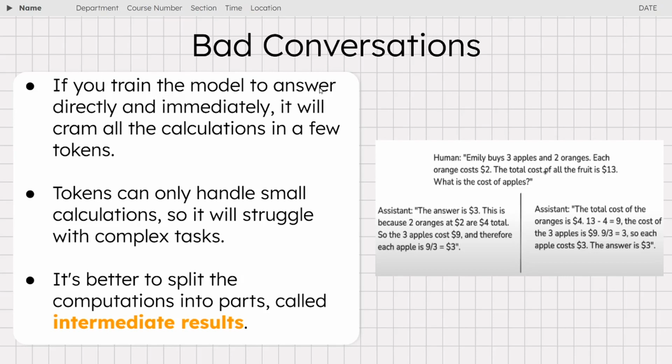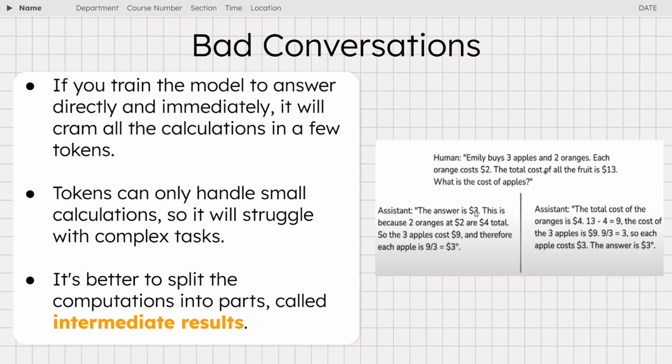If you train the model to answer directly and immediately, it will cram all the calculations into a few tokens. As you can see, it only has five tokens, and it already did all the calculations here in just five tokens.